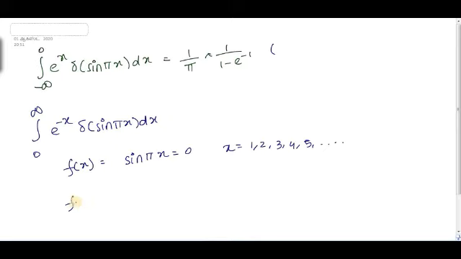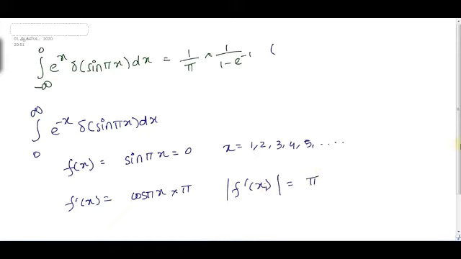Then the second thing, we will find f dash of x. f dash of x is cos pi x into pi, and we will find the modulus of f dash of x, which is equal to, we will substitute every value here, again we will get pi.